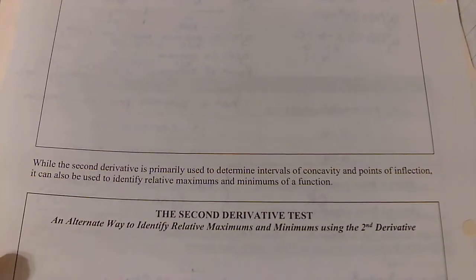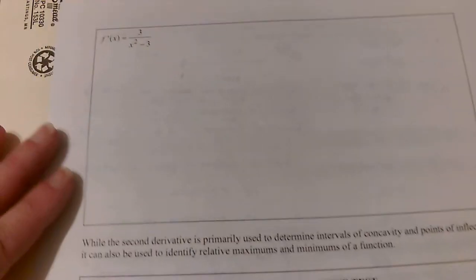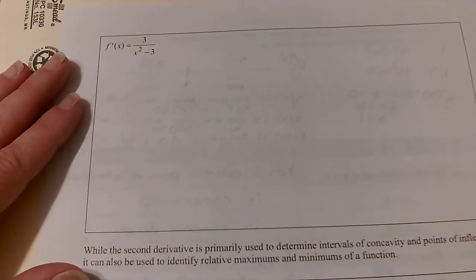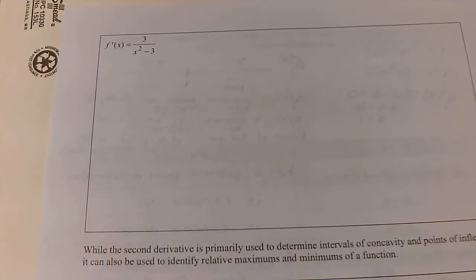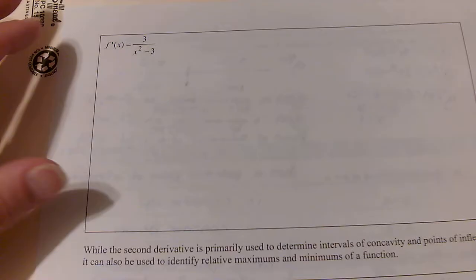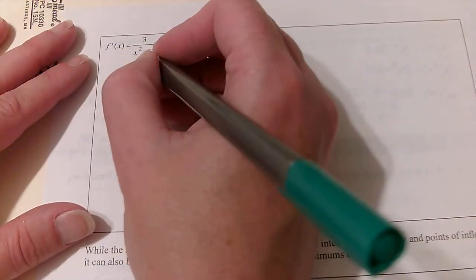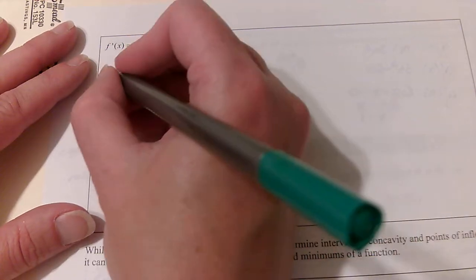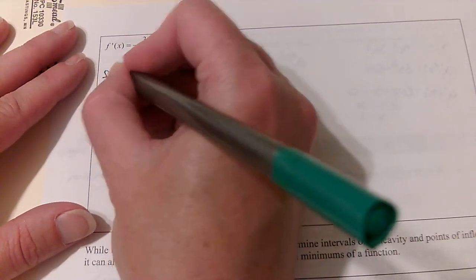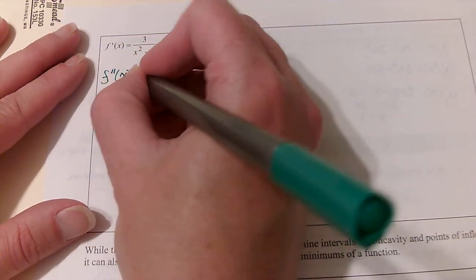I have another example, which is going to be a good review of quotient rule. Yay! Okay, so, they already gave us the first derivative. How nice of them. So we just need to find the second derivative.